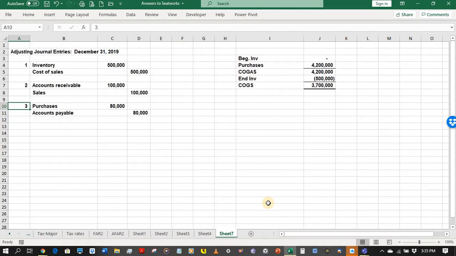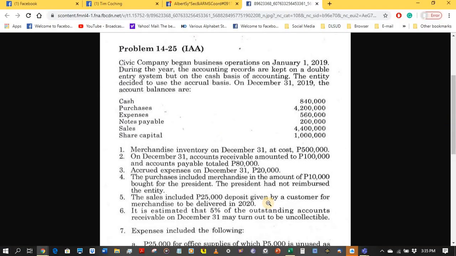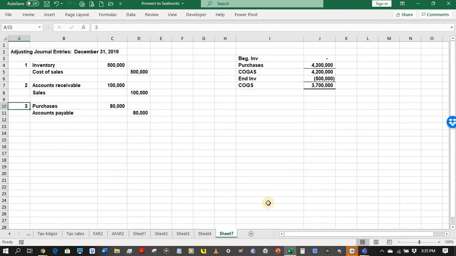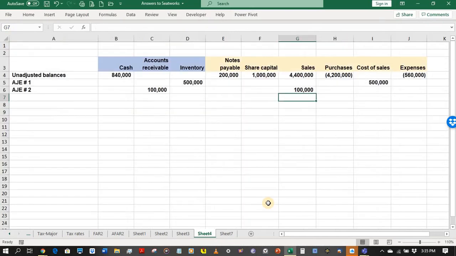So, number 3. So, number 2 pa rin pala to. So, number 3. Pasok pa lang natin yung entry. Debit purchases, 80,000.